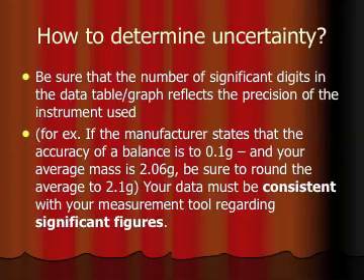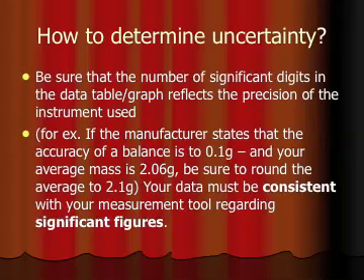Okay, so make sure that you're always using the significant numbers and the precision and the uncertainty of your instrument consistently. For example, if the manufacturer, here we can see in the example, states that the accuracy of a balance is to 0.1 gram and your average mass, that means the mean of the numbers that you have obtained using that balance, is 2.06.